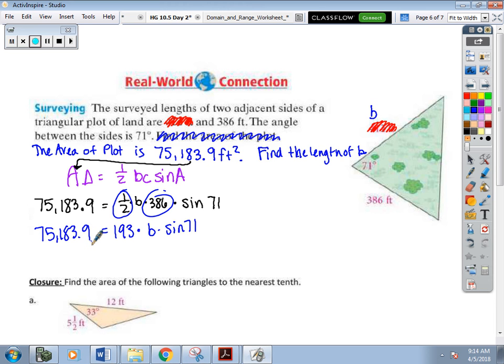It's up to you whether you want to divide by this first and then sine 71. You can divide by both of them at the same time, but you'll have to group them. So you have to put them in parentheses if you want to do both, to get you what B is.